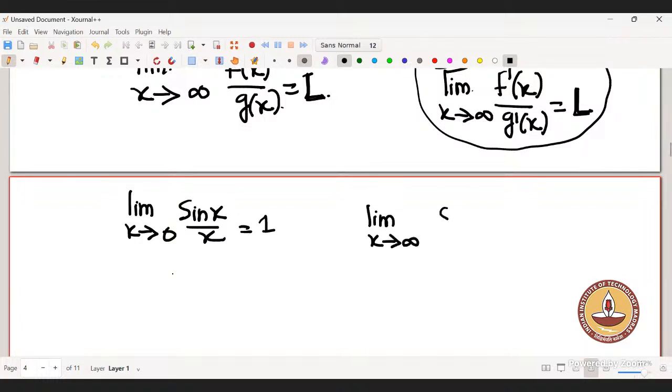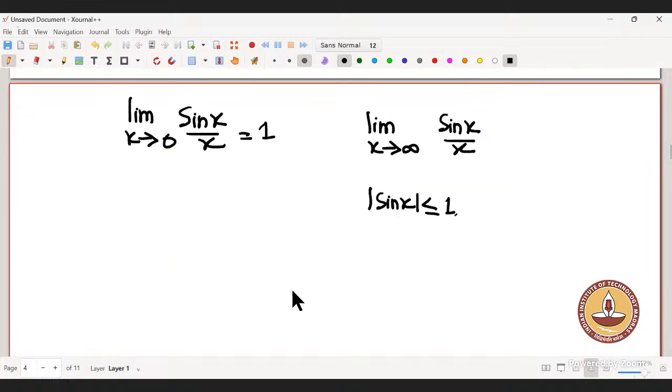Consider sin x by x. Sin x is always less than or equal to 1 and greater than or equal to -1.